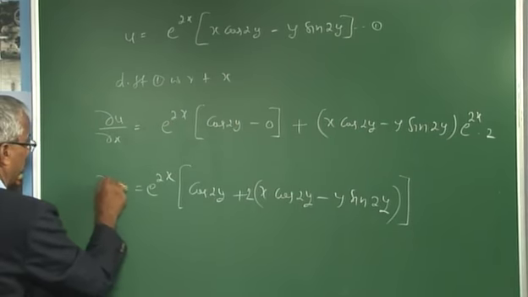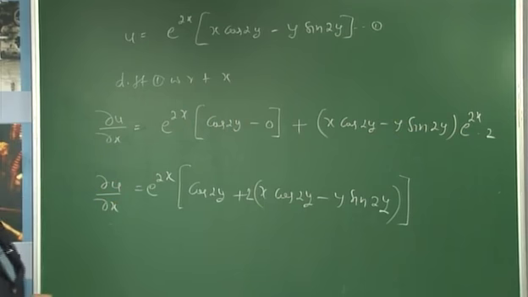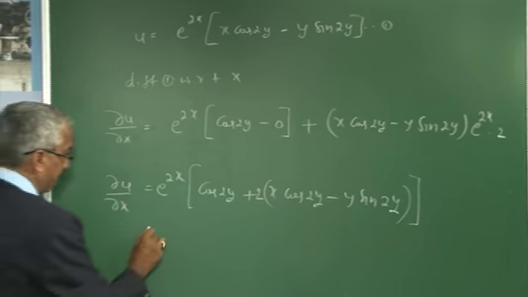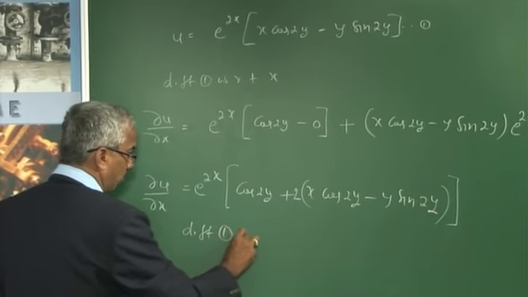So, this is dou u by dou x that we get from the derivative.